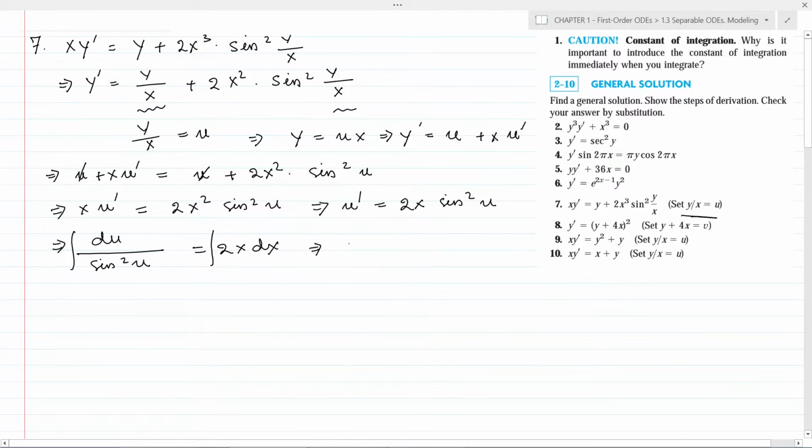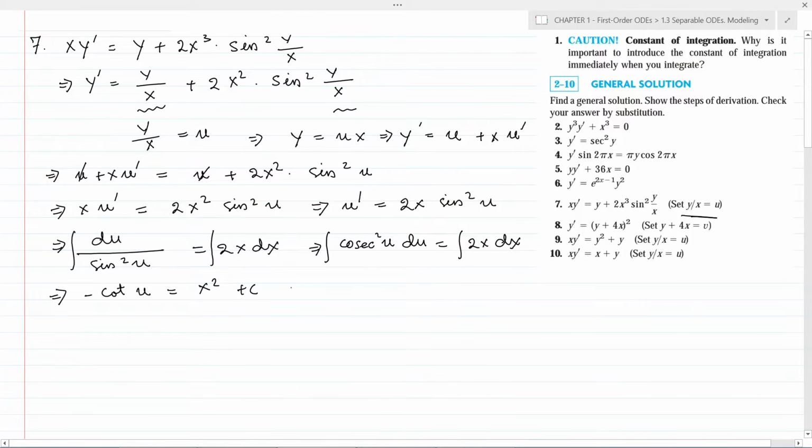Now we can integrate, because this is a separable differential equation now. This implies integration of cosec square u du is equal to integration of 2x dx. Now the integration of the left side becomes minus cot u and the right hand side becomes x square plus c.